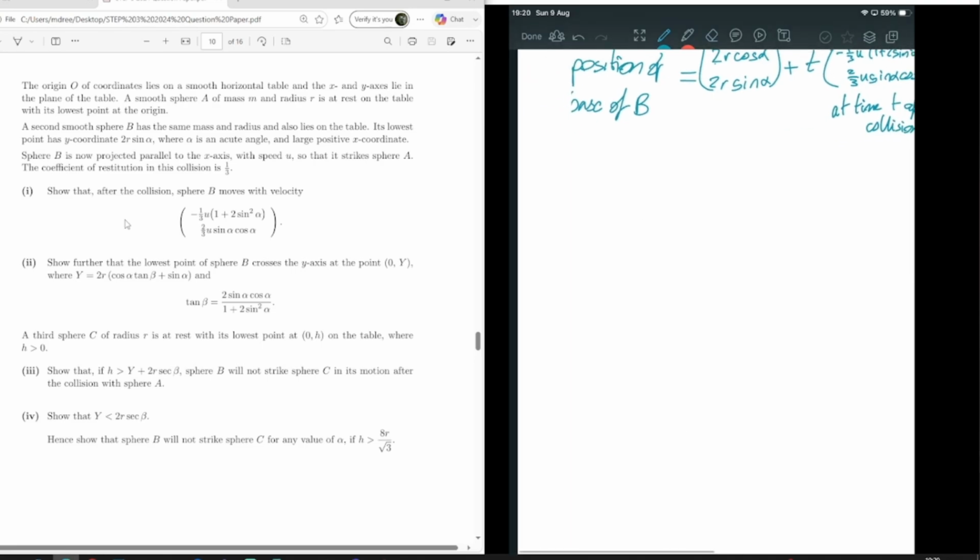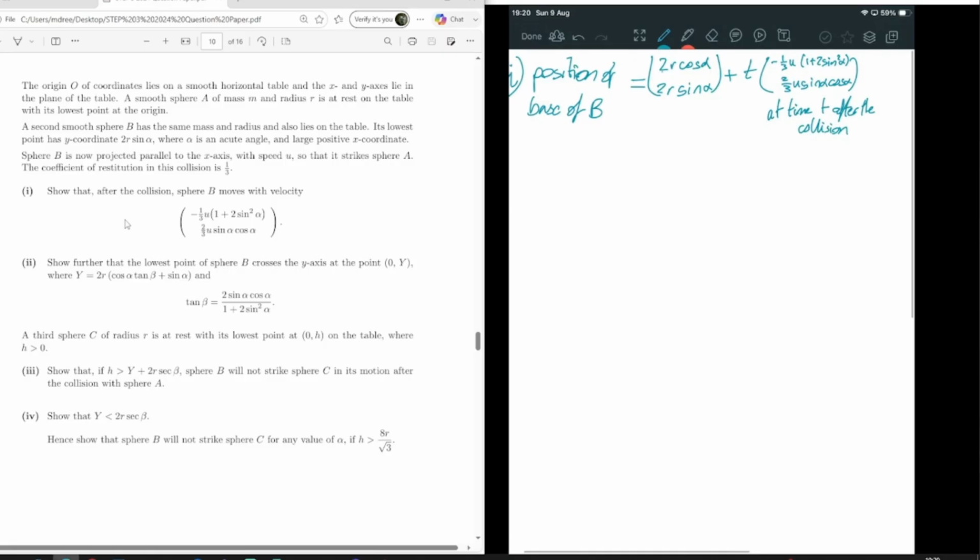Okay, so now we're going to cross the y-axis. So then cross y-axis implies that the x coordinate of the position vector is going to be equal to 0, i.e. 2r cos alpha equals a third ut 1 plus 2 sine squared alpha.